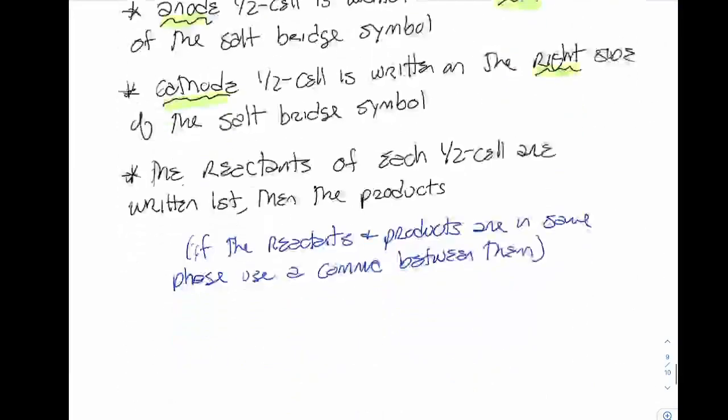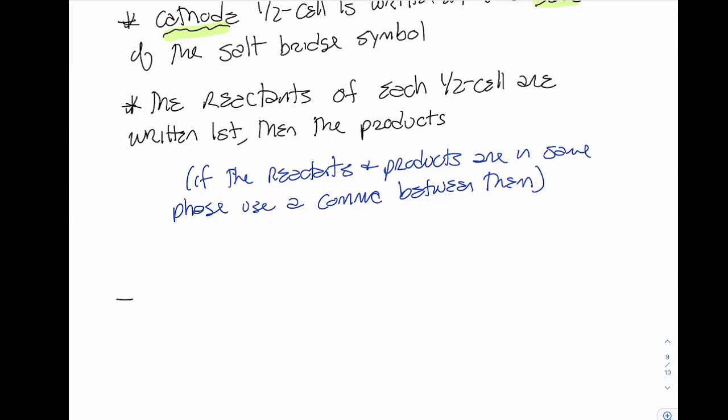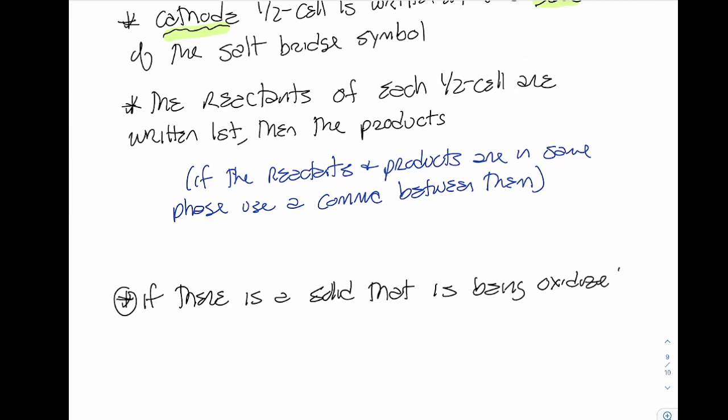So if there isn't a solid that is being oxidized and or reduced, we should say and or, because you actually need both. We need one that's being oxidized and we need one that's being reduced.